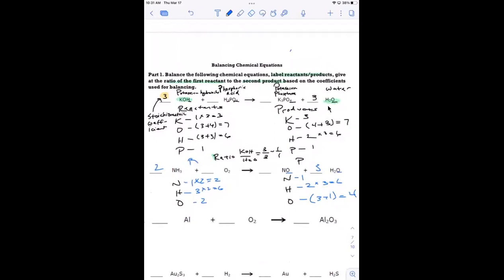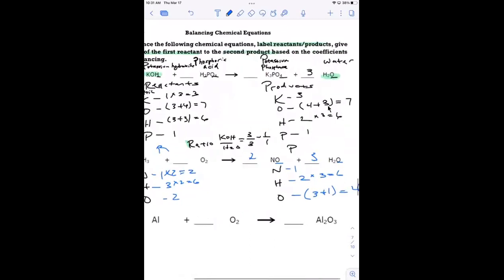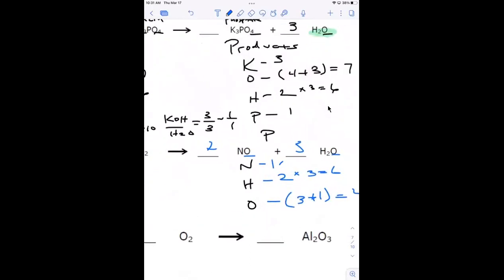So what would you do next if we're trying to balance nitrogen now? All right, I'm going to put a 2 here. That's going to make this 2.